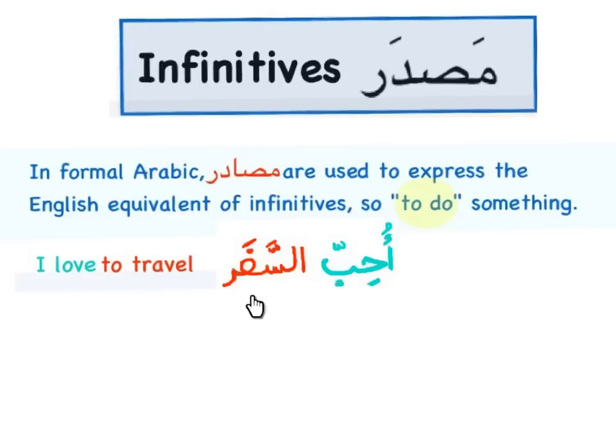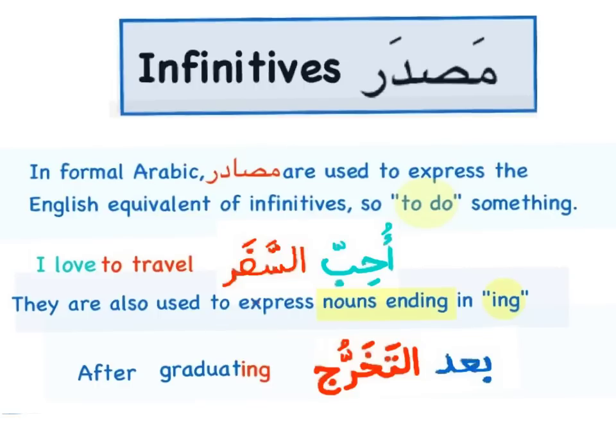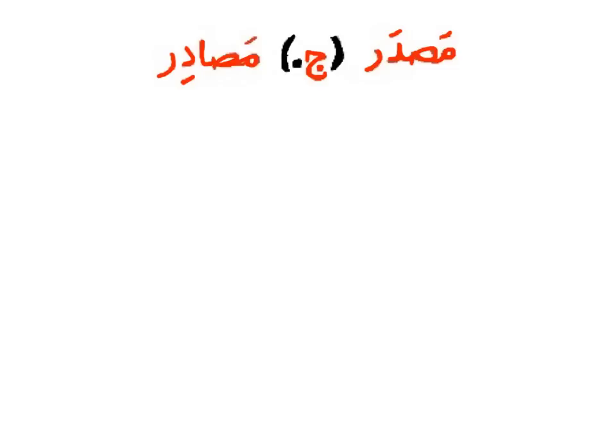That's مصدر. مصدر is also used to express nouns ending in ing, like after graduating, بعد التخرج. So graduating, the ing form, is التخرج in Arabic. التخرج is مصدر. مصدر جمعها مصادر.